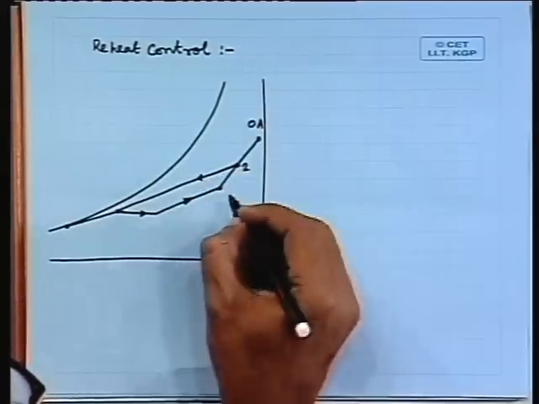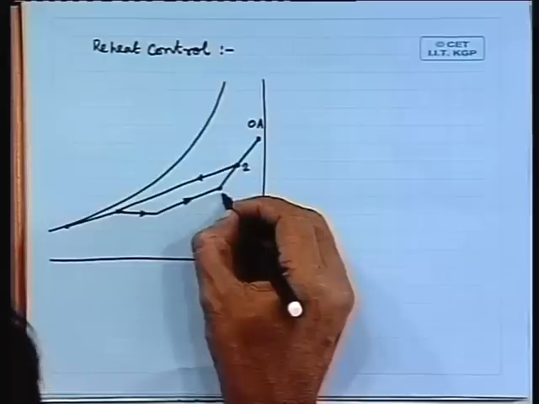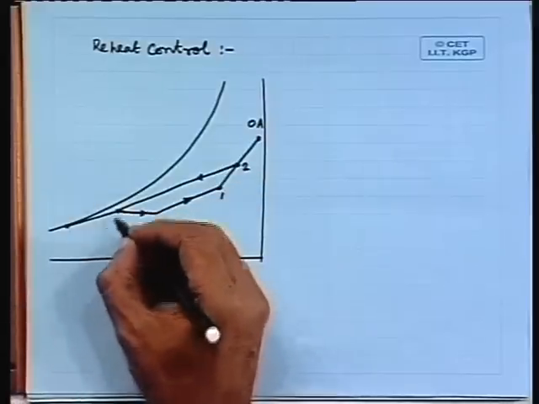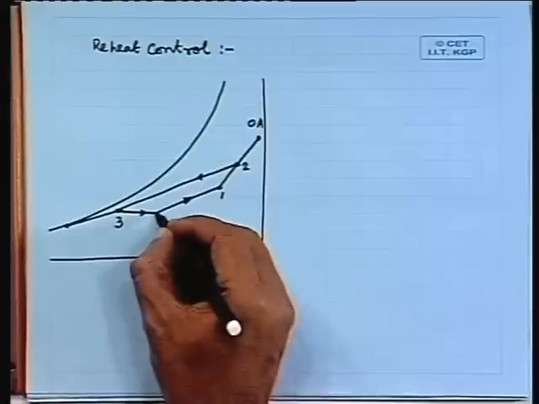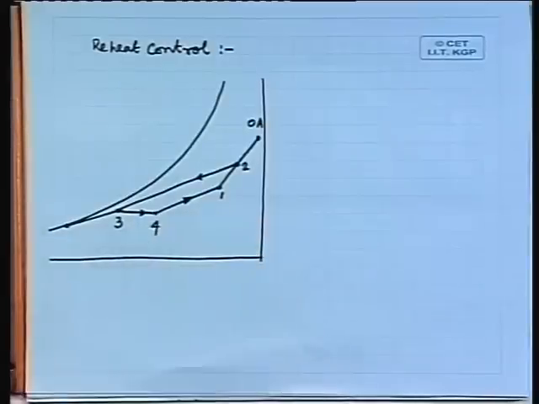So, we can have 1, 2, let us call it 3, let us call it 4. 3 to 4 is the reheat condition.